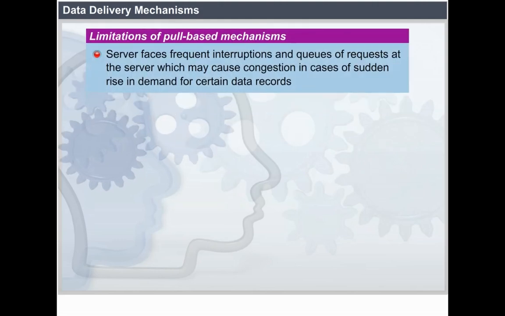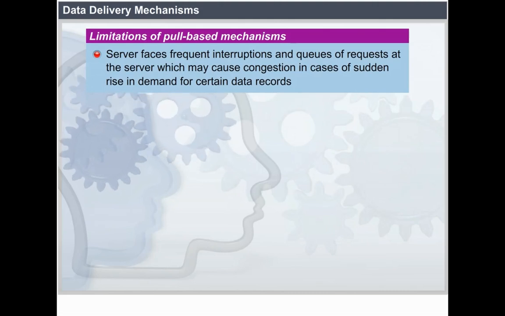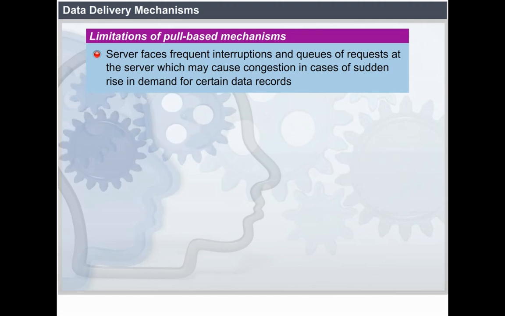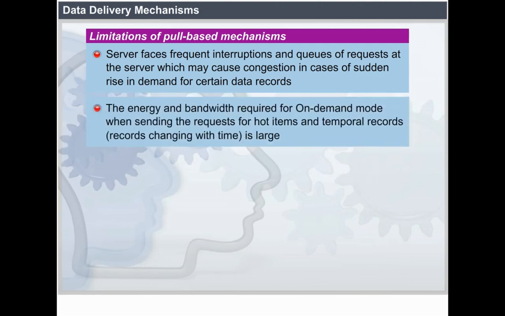Disadvantage of pull-based mechanisms. The server faces frequent interruptions, and queues of requests at the server may cause congestion in case of a sudden rise in demand for certain data records. The energy and bandwidth required for on-demand mode when sending the request for hot items and temporal records changing with time is large.